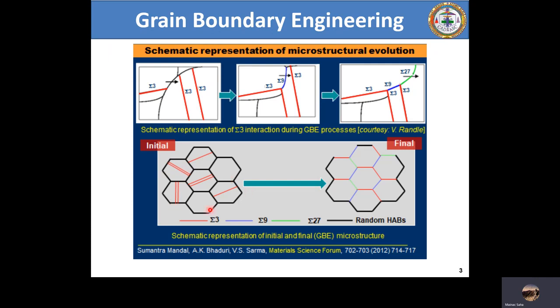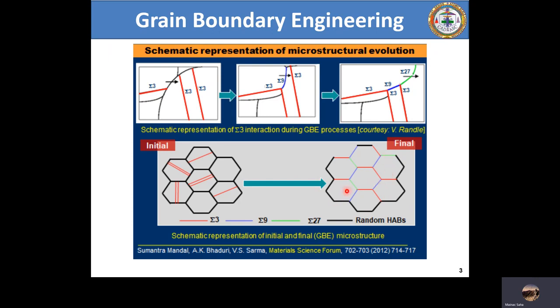Once we employ certain TMP, which is not fixed of course, because it keeps varying with different materials and depends a lot on the material system, what we ultimately end up having is something like this, where the volume fraction of random high angle boundaries is much lesser here, here, here, and we also end up having a much higher fraction of sigma 3 boundary, and we have also induced sigma 9 boundary and sigma 27 boundary.